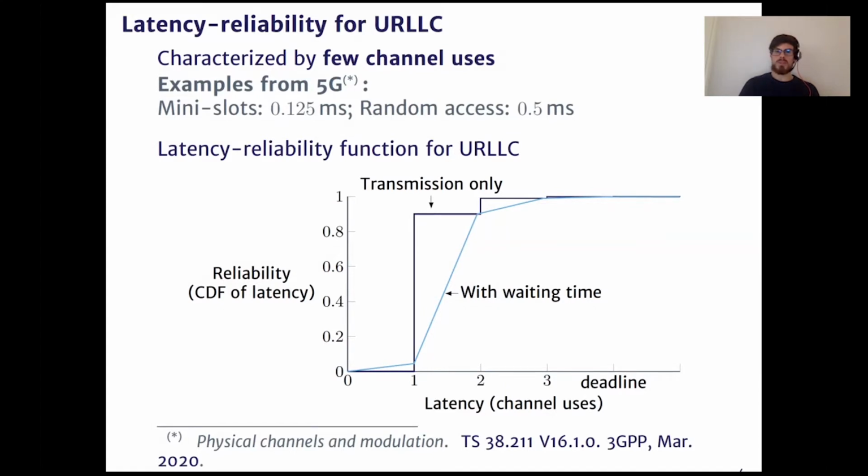So we need two components here. We have a transmission time that includes potential retransmissions or replicas. We have the waiting time, that is how much I have to wait from the point in time that I get the packet until I get a chance to use the channel. This is the tricky part. Here I'm showing, for example, that you have 3-4 channel uses. That should be typical. So we should do the best we can with what is given.